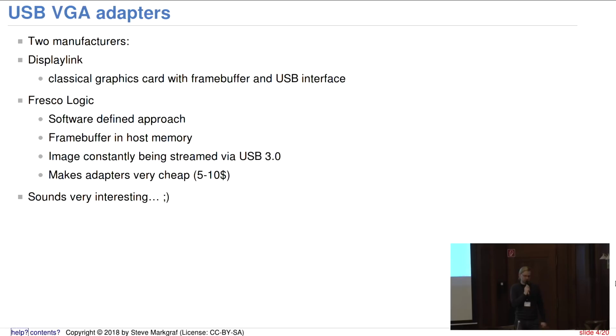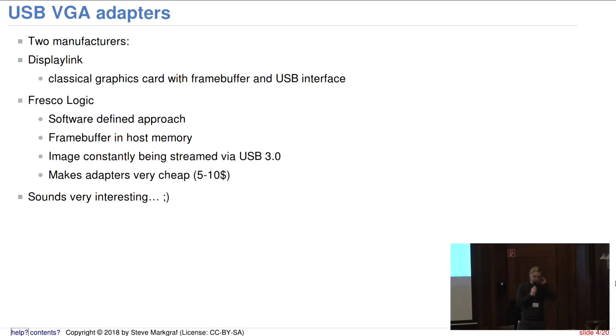And there were videos on YouTube showing that it doesn't work really reliably on all machines, and that there's flickering on the screen and so on. And I thought, well, this sounds interesting. Probably they do some software-defined VGA, and this is the case.